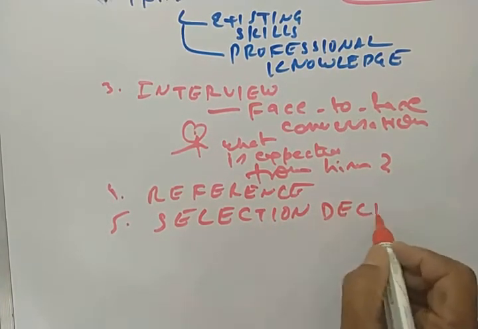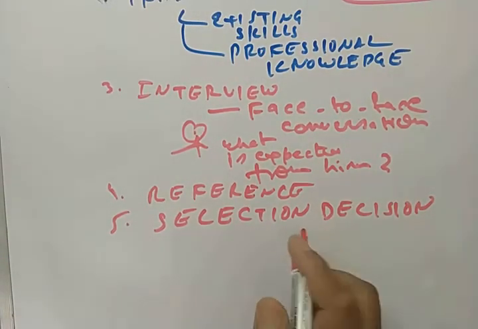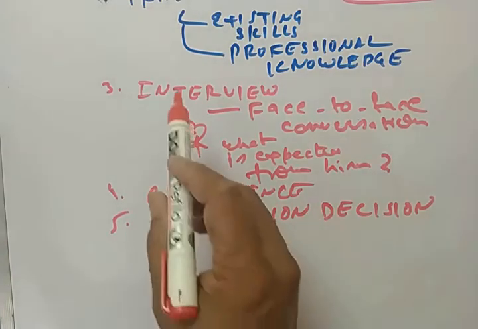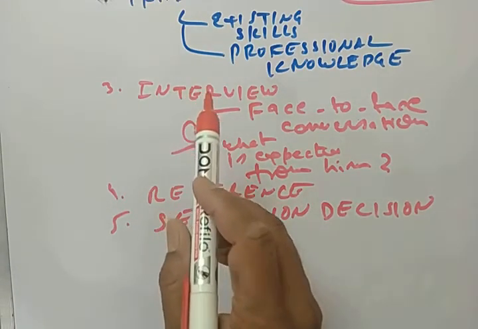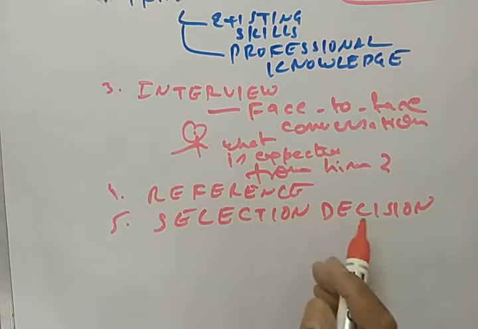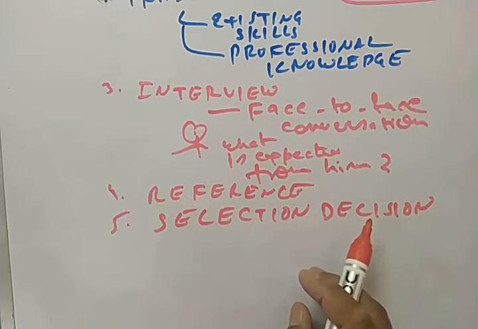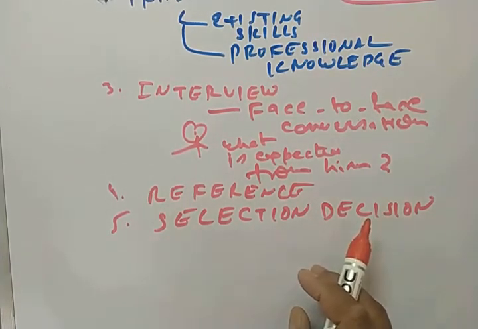The final decision has to be made from among the candidates who passed these tests, interviews, and references checked, etc. Generally, the concerned manager's views are taken into consideration for the selection.